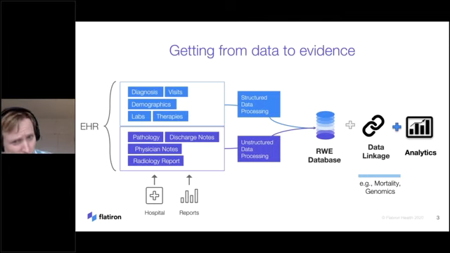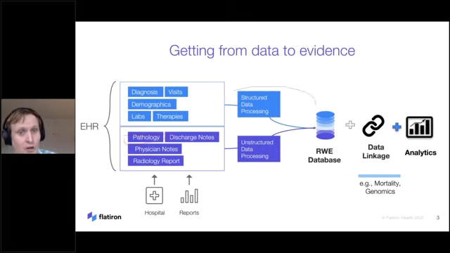As I'm sure a lot of you know, EHR data consists of both structured and unstructured data elements. Within the unstructured data, we have things like free text and scanned documents, such as pathology reports, physician notes, radiology reports, and scans that are actually copied into the EHR. Structured data, as you might guess, is much easier to process.